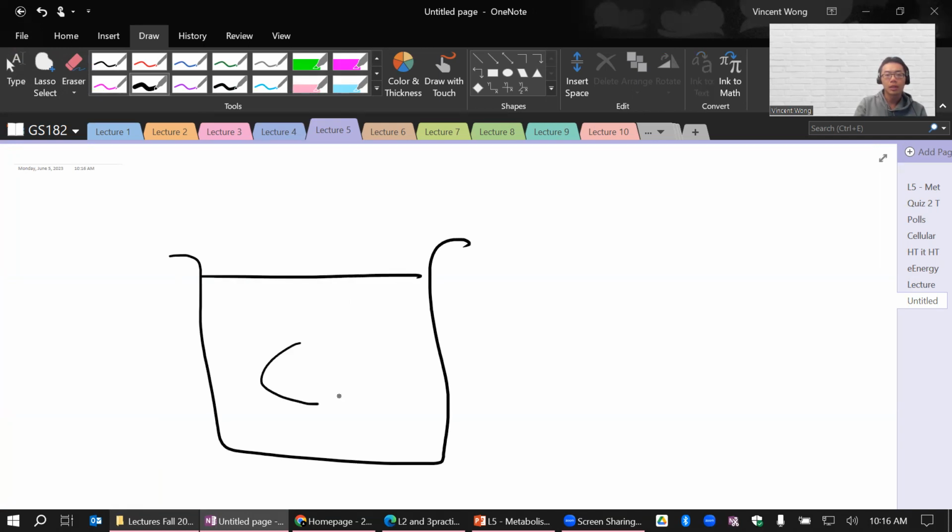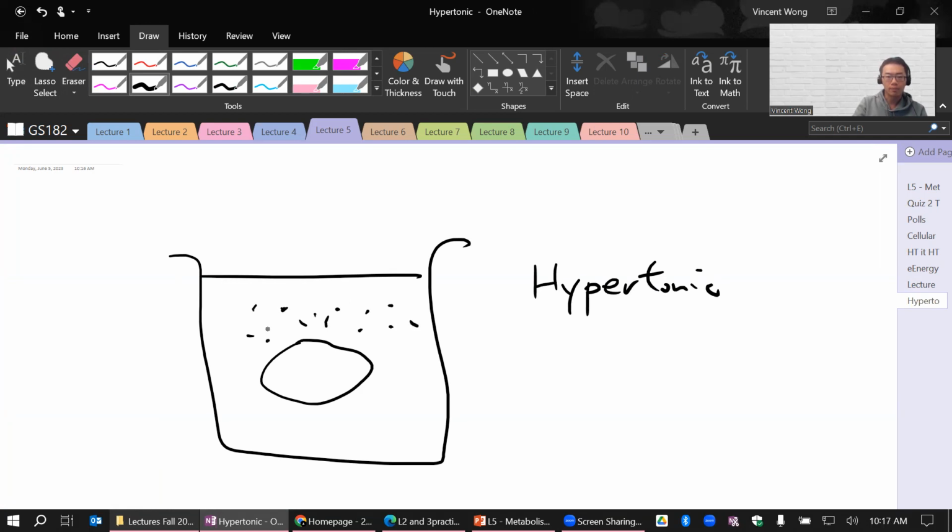Hypertonic means there is more stuff on the outside, more solute, like NaCl maybe, compared to the inside. So in this case, if it's hypertonic, you will be losing water. So the cell will shrink. We call that plasmolysis.